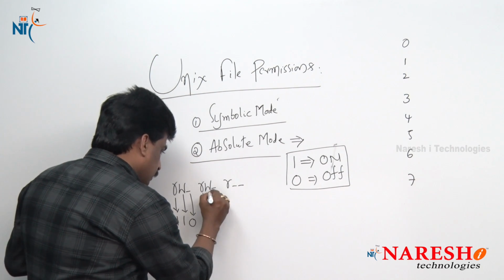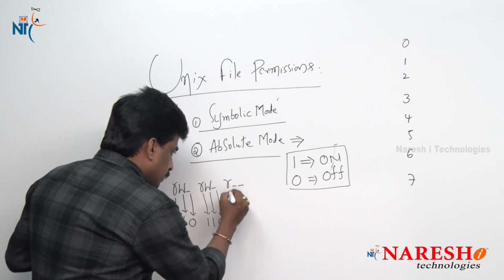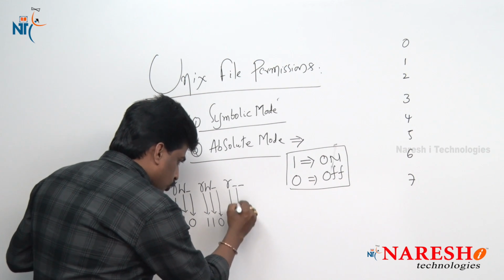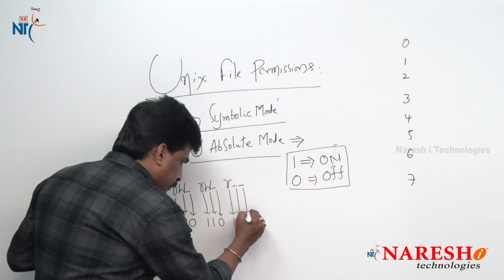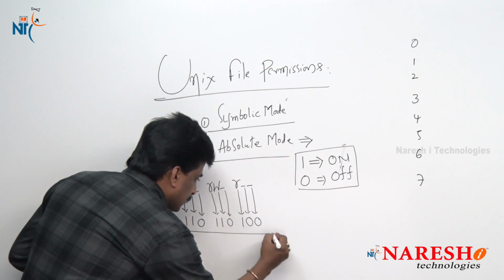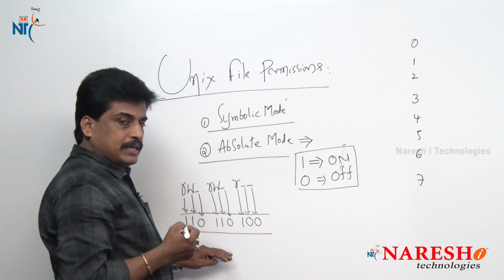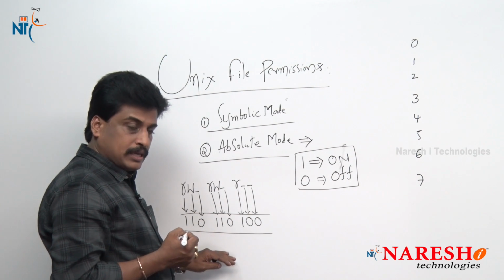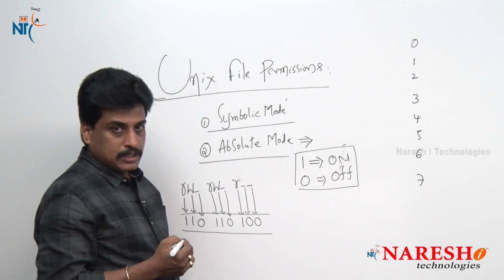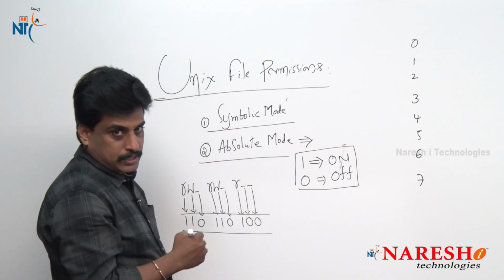Read 1, write 1, no permission 0. Read 1, no permission 0, no permission 0. All these are binary numbers. We will convert these binary numbers into octal format, and then we will see how the octal number system works.